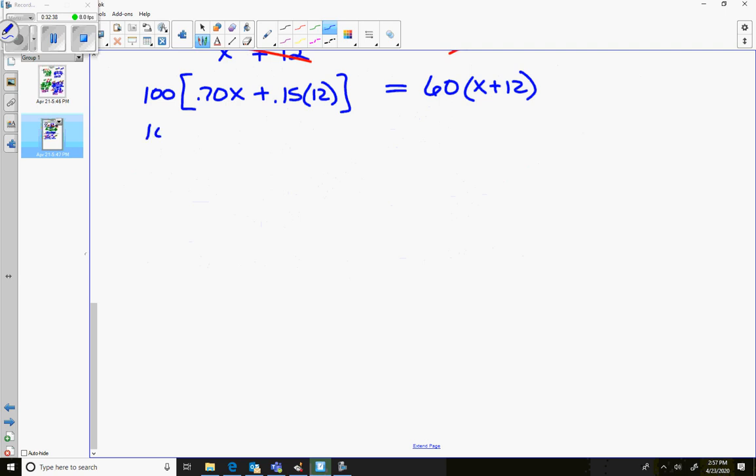I'm going to clean this up first. We got 0.70x plus 15 times 12, 30 times 6, which is going to simply be 180, so 1.8.